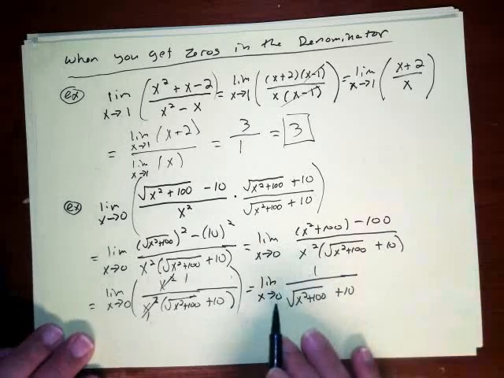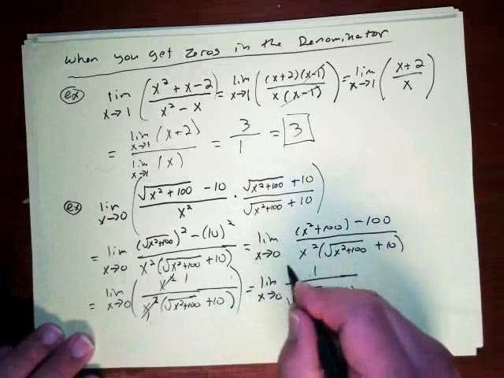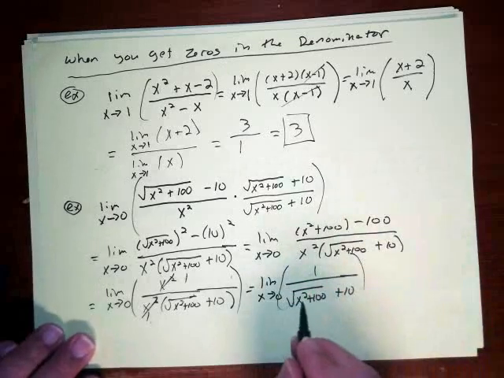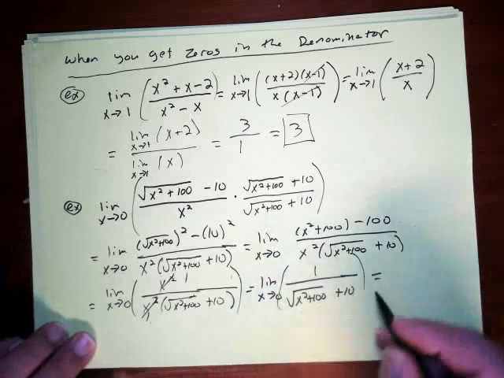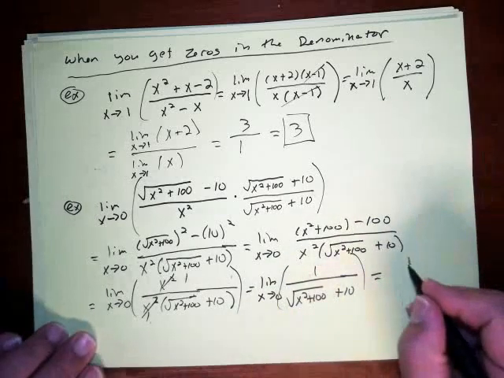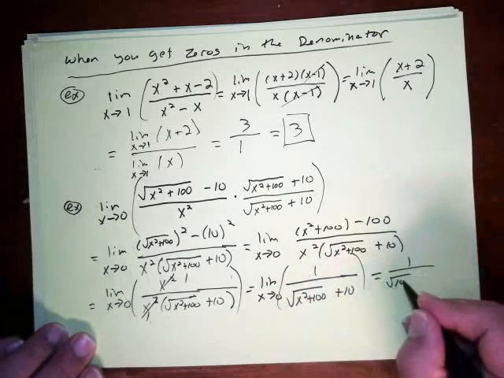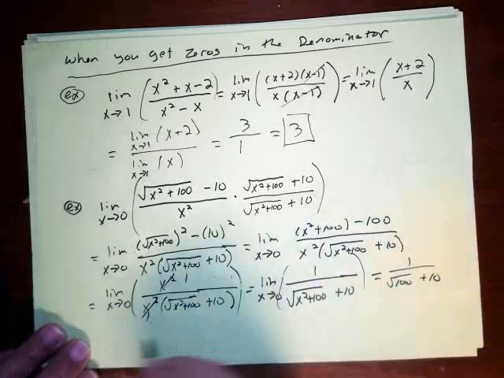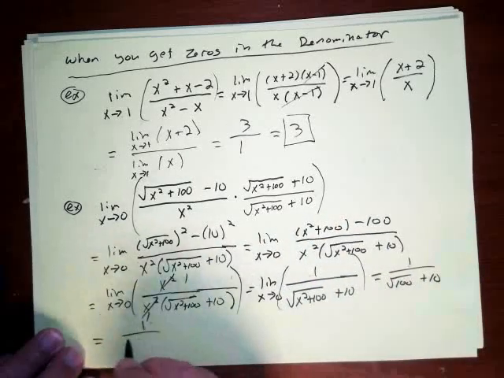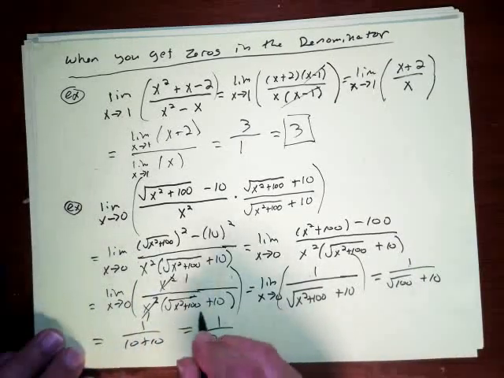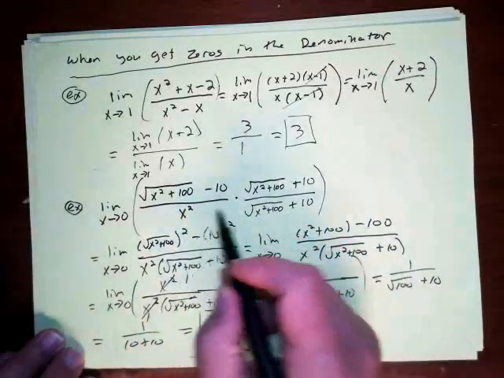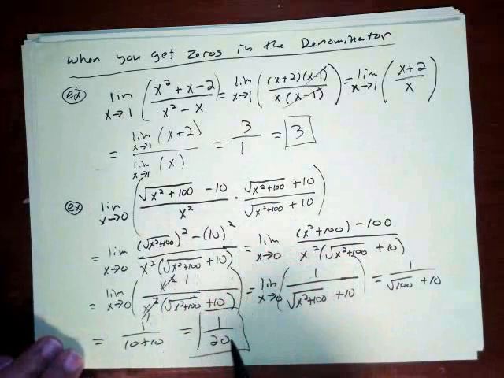And now, look, I can put 0 in this denominator and I don't get any problem, right? And so I'm going to go ahead and plug it in, and this will be just 1 over the square root of 100 plus 10, and that's 1 over 10 plus 10, which is 1/20th. So that means the limit of this here is equal to 1/20th.